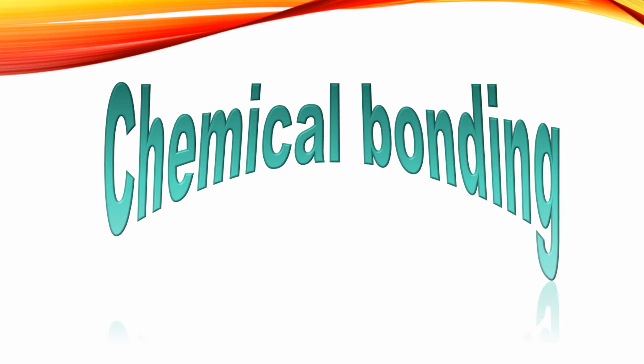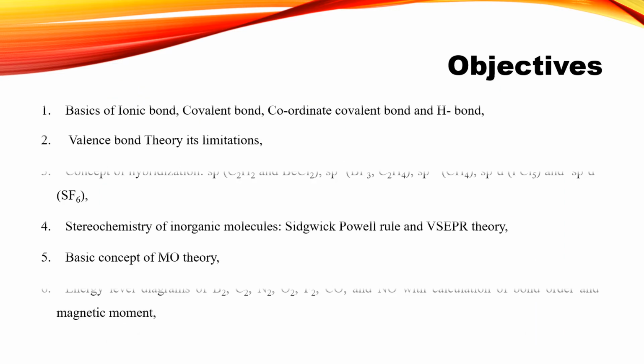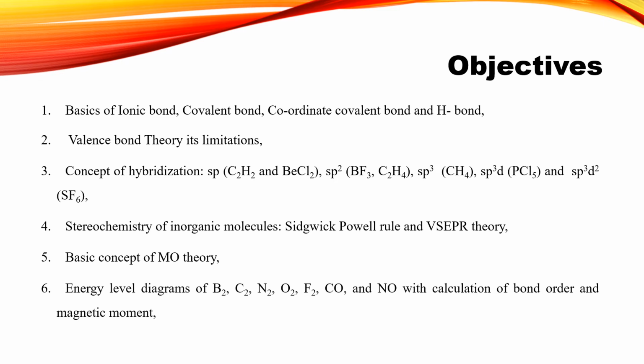So, in today's lecture, we are going to discuss your chapter, chemical bonding, right? Here I give you some objectives that you are going to learn in this chapter. First is the basics of ionic bond, covalent bond, coordinate covalent bond, and H bond.